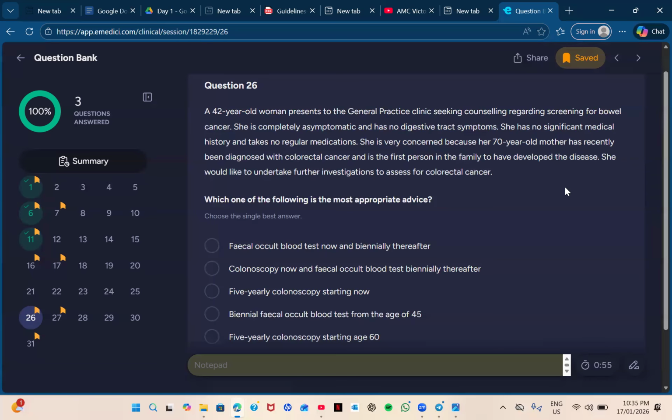She is very concerned because her 70-year-old mother has recently been diagnosed with colorectal cancer, and it is the first person in the family to have developed the disease. She would like to undertake further investigation. So, which one of the following is the most appropriate advice? What is it, doctors?